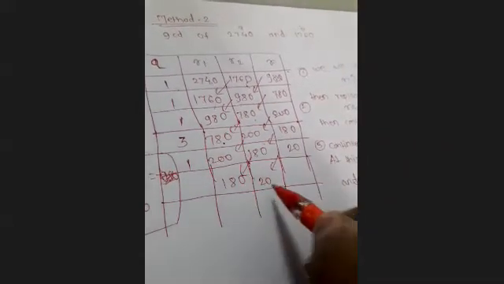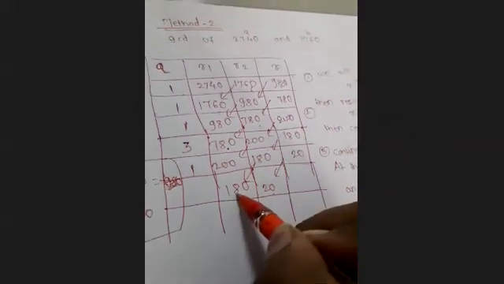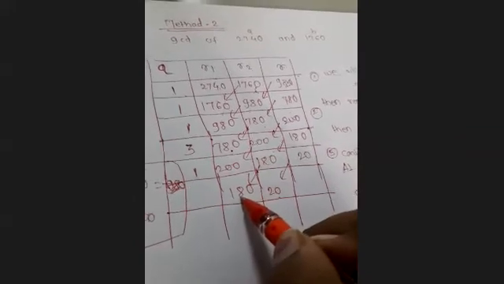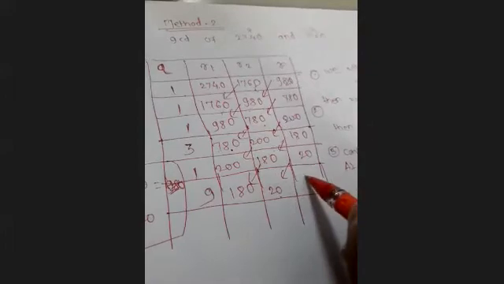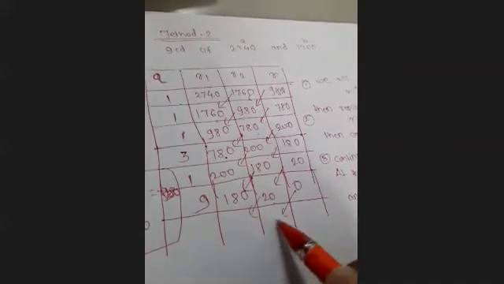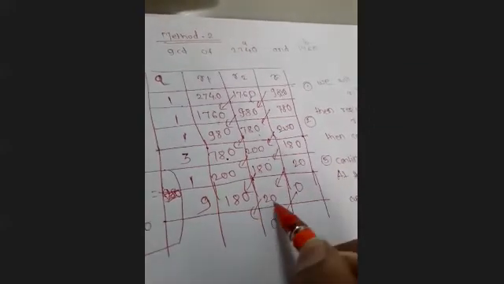Then 20, 180. 20 से 180 को divide करो. Now we can say 9 से करेंगे तो the remainder will be 0, isn't it? So now we replace this. Here we write 0, 20.